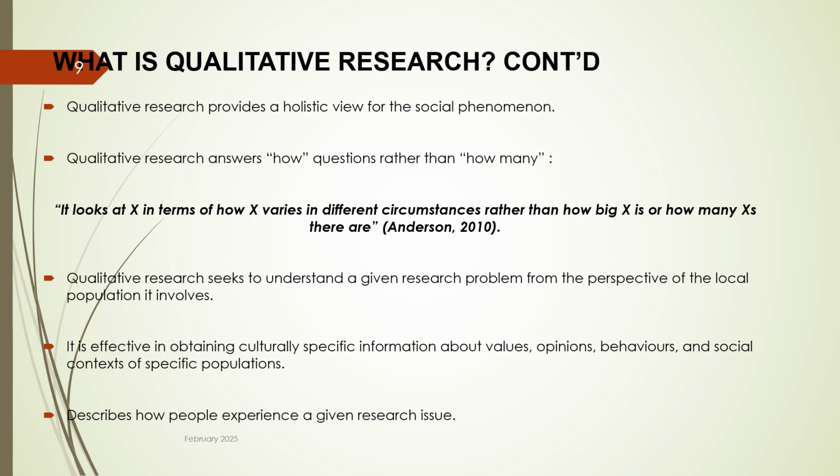Qualitative research answers how questions rather than how many, as in quantitative research. So it looks at X in terms of how X varies in different circumstances rather than how big X is or how many X's there are. Qualitative research seeks to understand a given research problem from the perspective, meaning from the viewpoint, which you will see frequently throughout the course, of the local population involved. This reflects on the types of sampling that you will use in qualitative research.